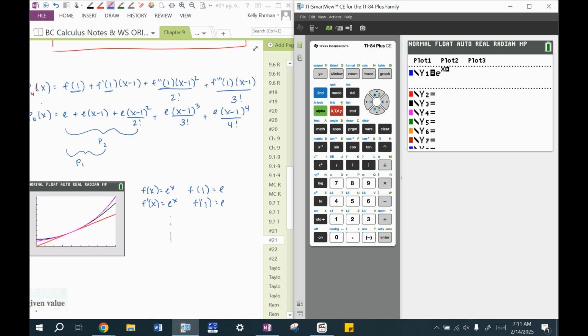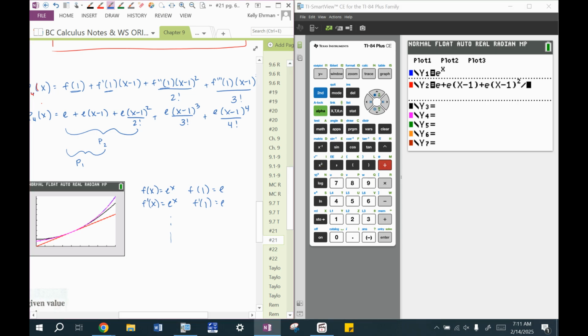Here's the official one. All right, and then this one is e. Plain e is like second ln and make it e to the first. That's kind of nice. E plus e times x minus 1 plus e times x minus 1 squared.